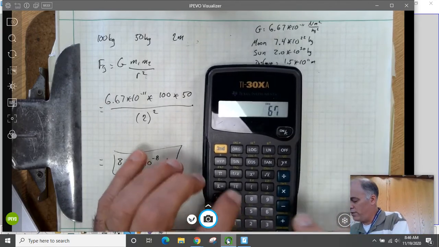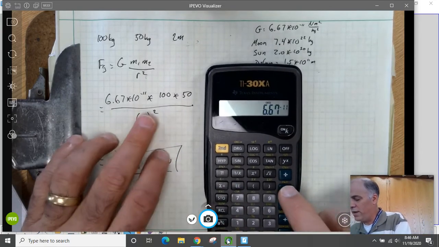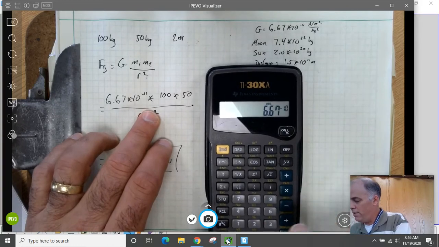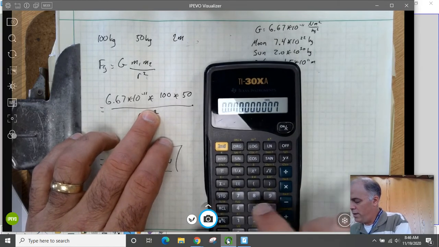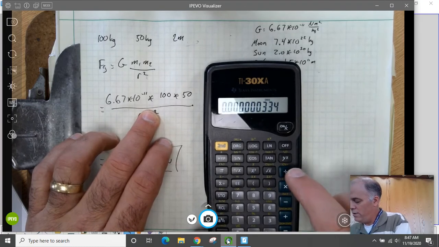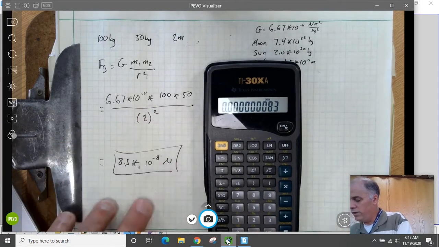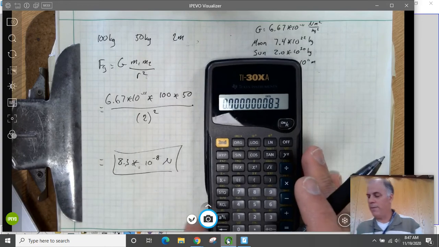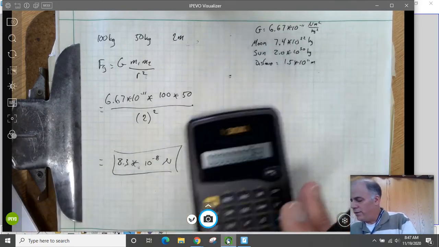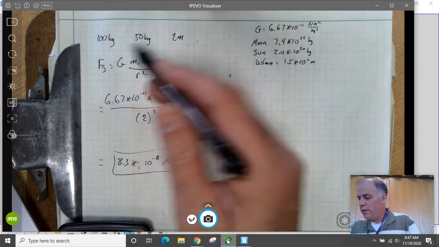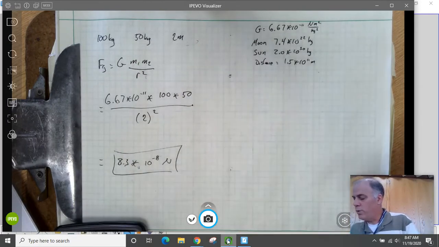Okay, 6.67 exponent 11 change sign times 100 times 50 divided by 4 equals, and we get 8.3 times 10 to the minus 8th. Okay. Yeah, so that's for like the force between two people.